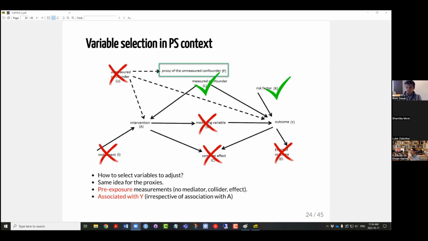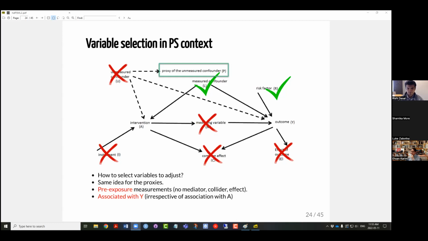So we have to be a bit careful about incorporating proxies. That is why I suggested that maybe we should use the propensity score analysis first, and then use all of these proxy adjustment methods later, so that we can understand which direction our adjustment is going.